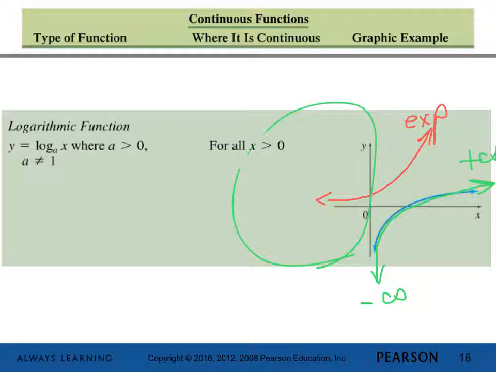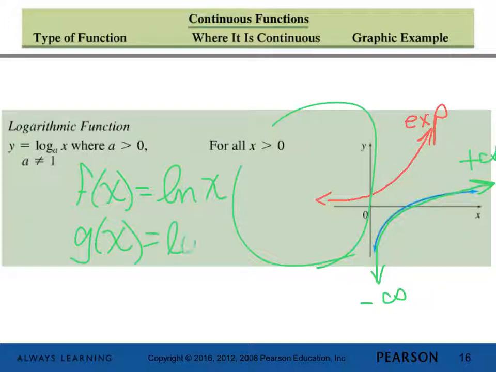So our restriction here, if you have a logarithmic function like f of x equals the natural log of x, or g of x is equal to the base 10 log of x, either one of those, x can only be positive. So the restriction is it is continuous for all x values that are greater than 0. X can't be 0 and it can't be negative.